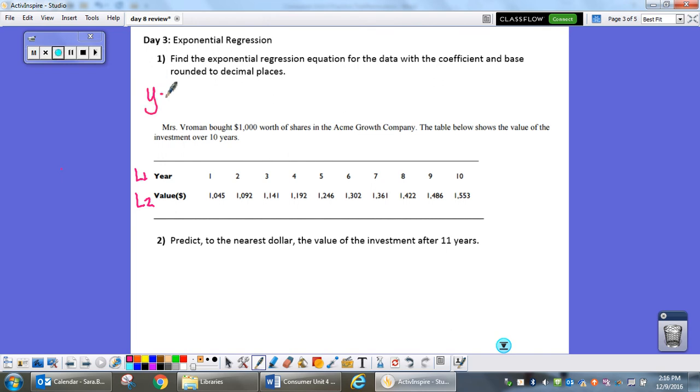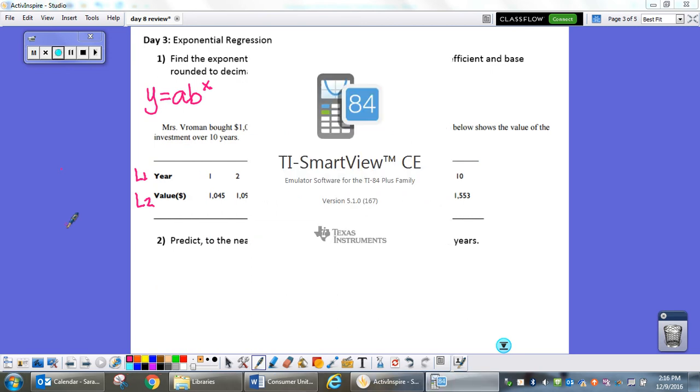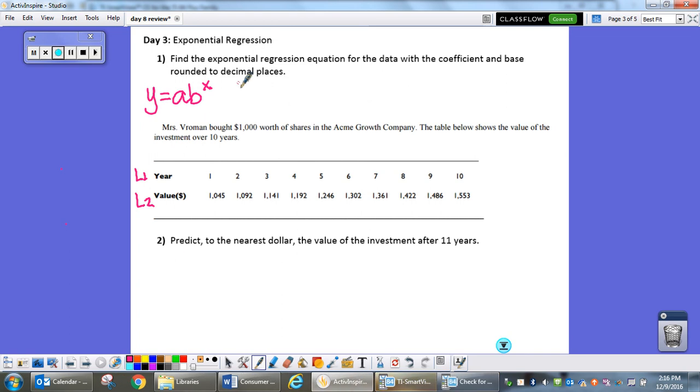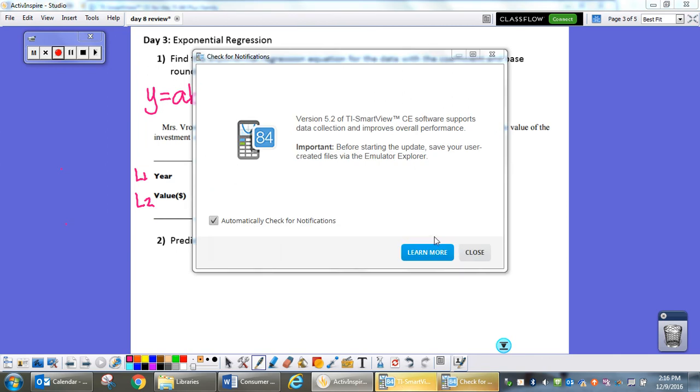So we want to get something that looks like this, because that's exponential. So you enter your, where'd my calculator go? Enter your data, and to do that you do stat, edit. If you don't have an L1 or an L2, please let us know. And you enter your data.